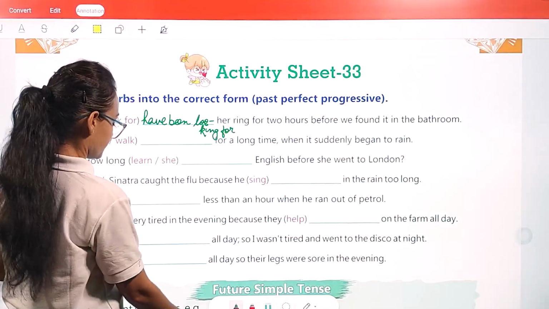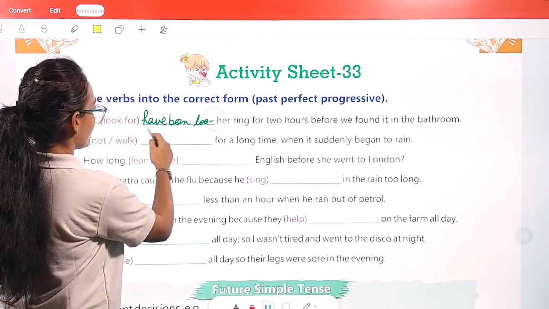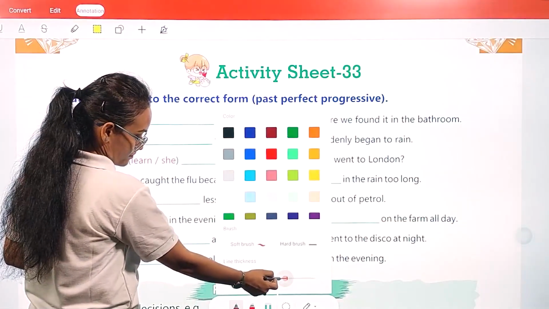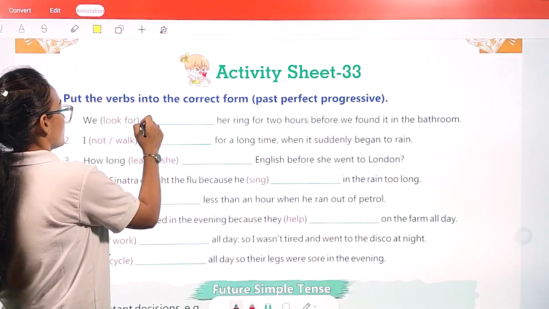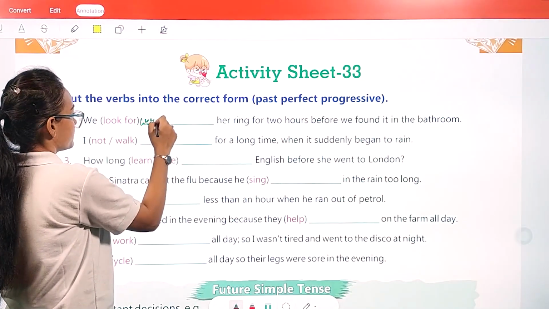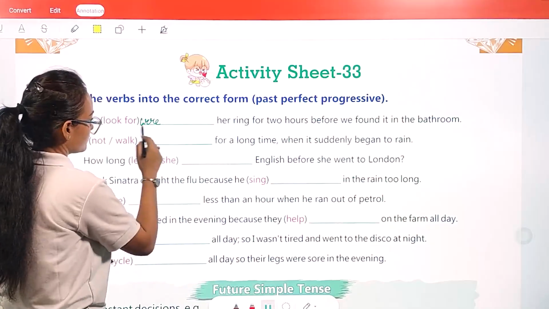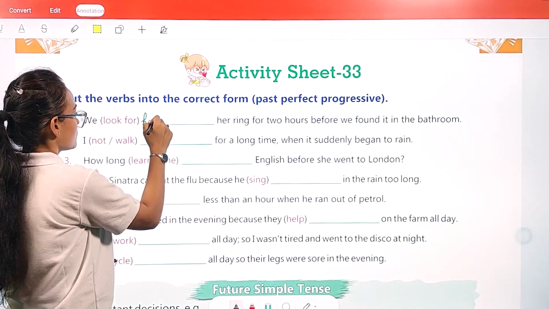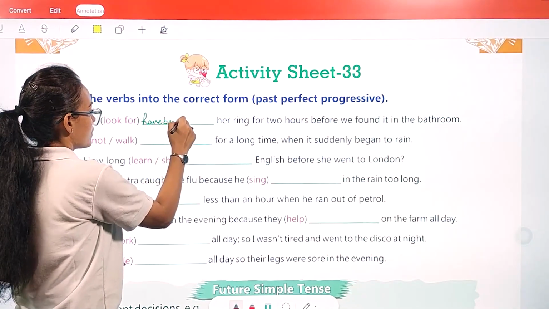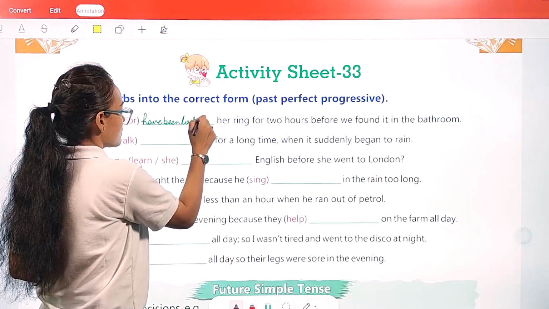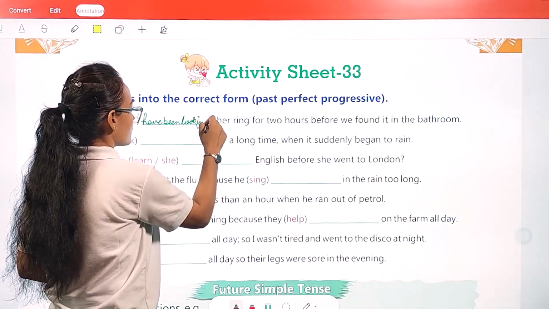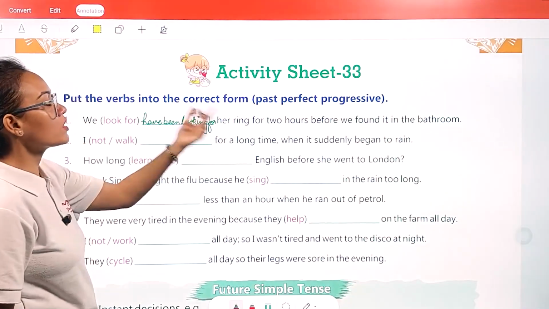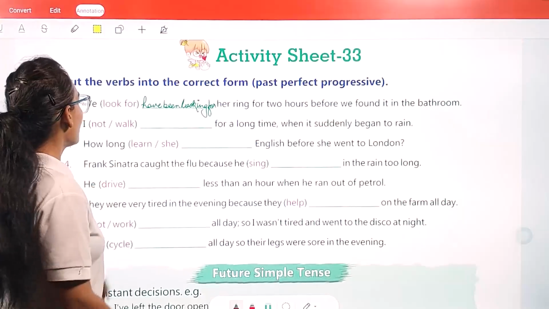Now, let me write again. Yes. We have been looking for. Okay, now the second one. I not walk for a long time when it suddenly began to rain.